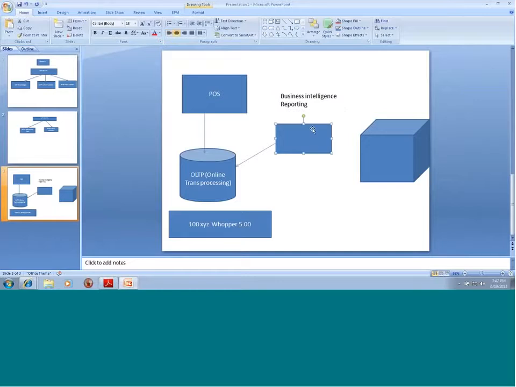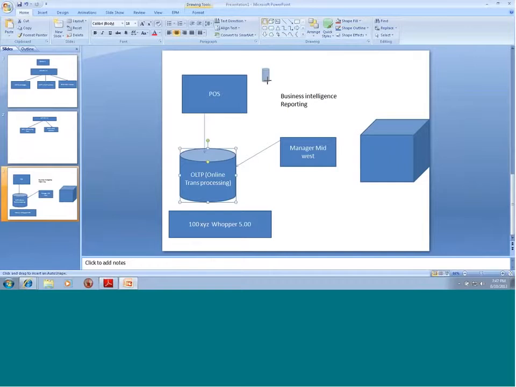In order to provide business intelligence reporting, it is not enough to just tap into the OLTP system and get the information. Let's say, for example, I'm the manager for the Midwest region. I take care of all the operations happening in the Midwest region. There is an OLTP system sitting in Chicago.